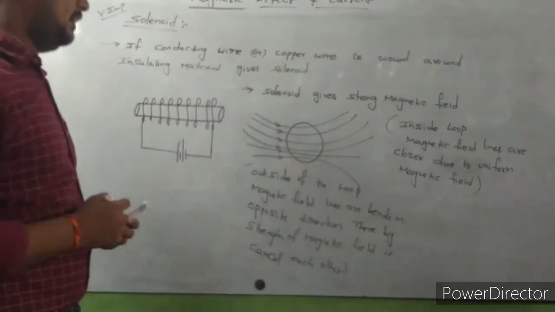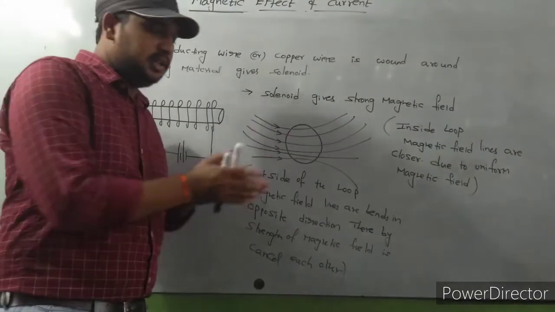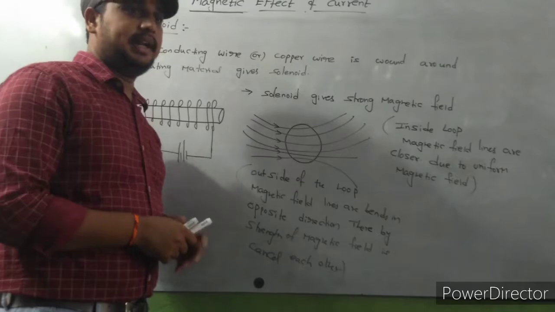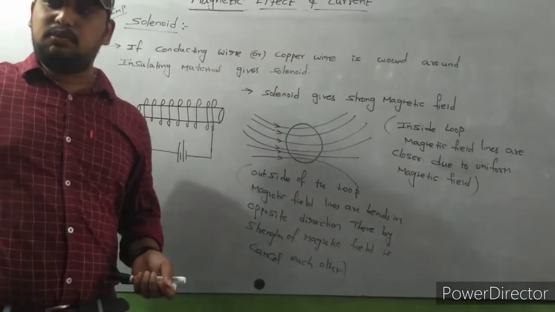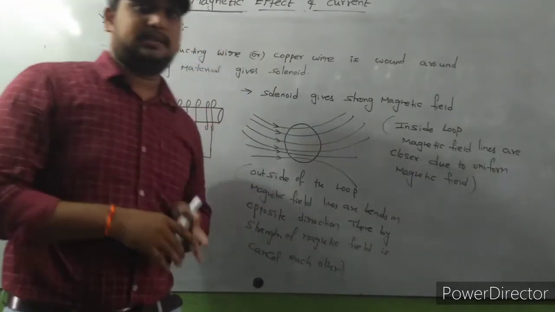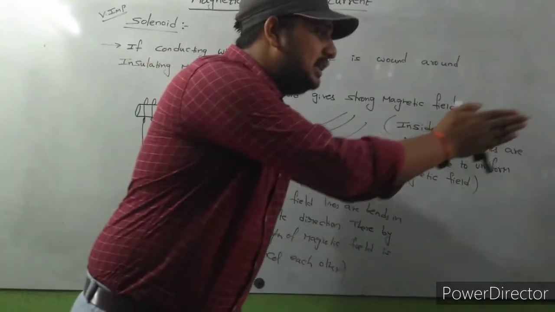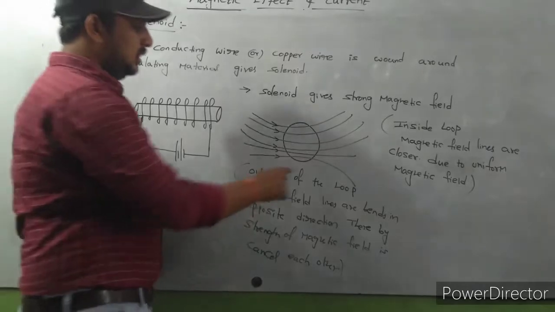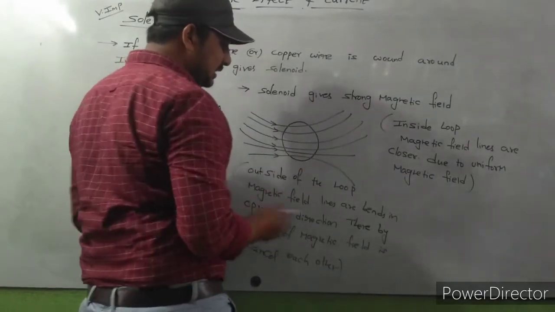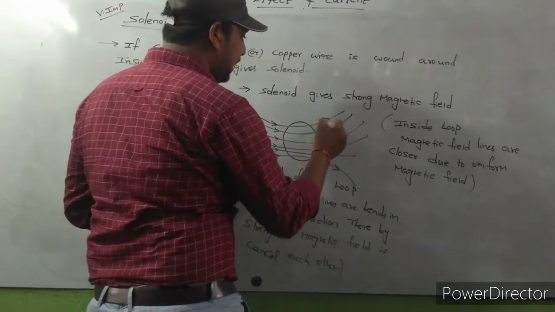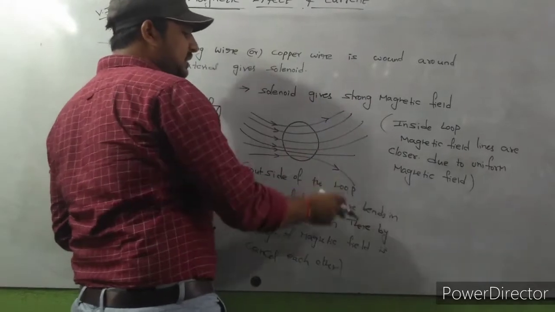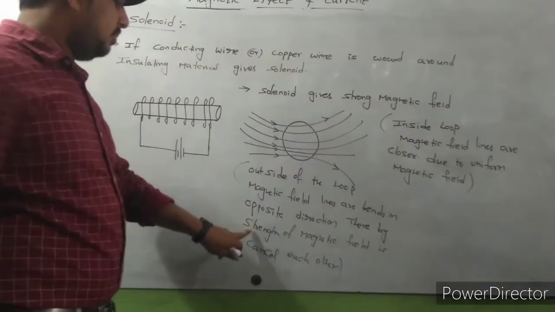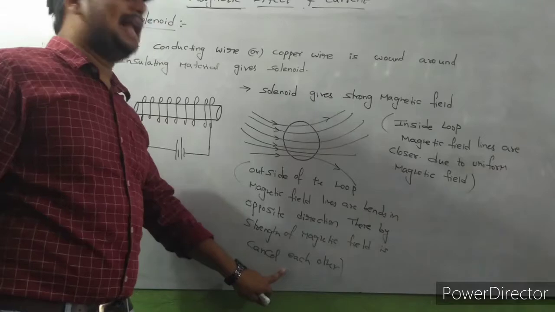For example, if magnetic field lines are moving inside, they are very close. But when they go outside, they bend like this in the opposite direction, so they are moving in opposite directions. So the strength of the magnetic field cancels each other.